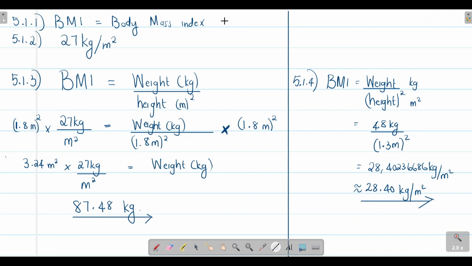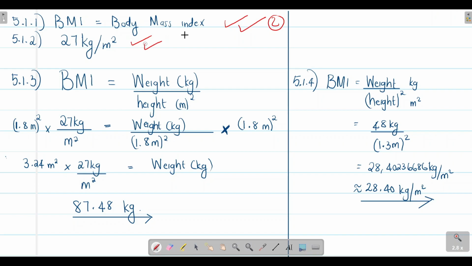Quickly, let me show you how they will mark this question. For question 5.1.1, you'll get 2 marks for saying that BMI stands for body mass index. Question 5.1.2, you'll be given 2 marks for reading the BMI from your graph.